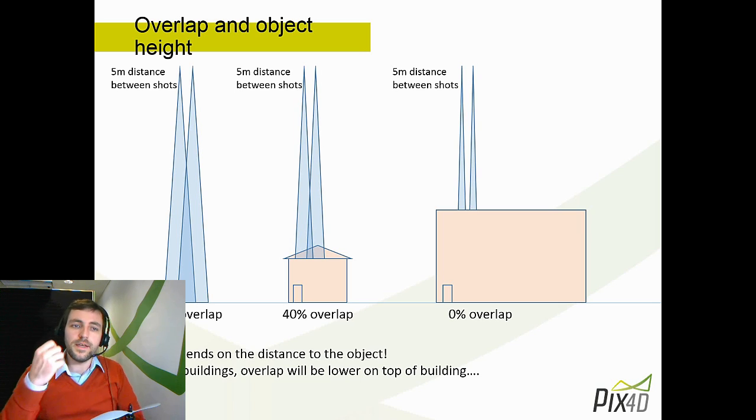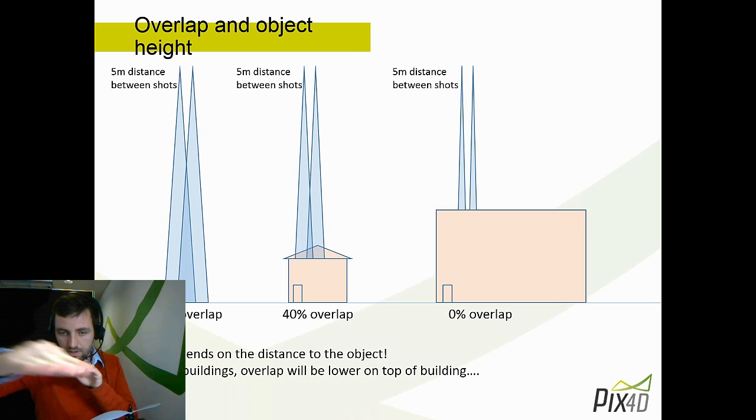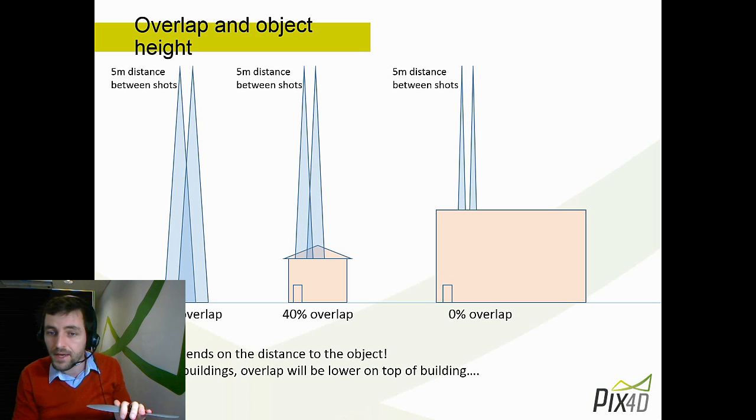Now, it's not just the overlap, so the distance between images is not always a constant. It depends a lot on the terrain of what you are trying to map.